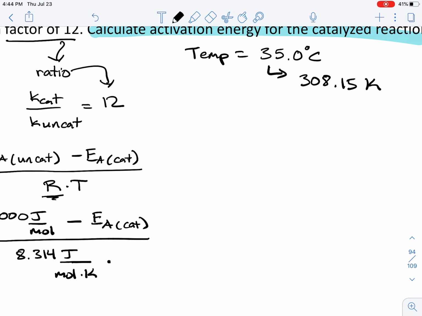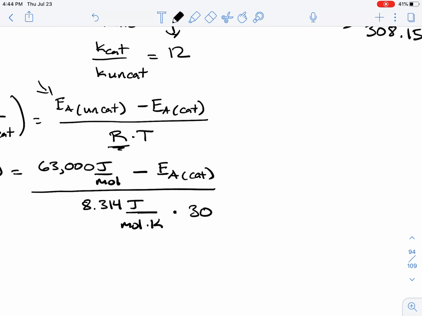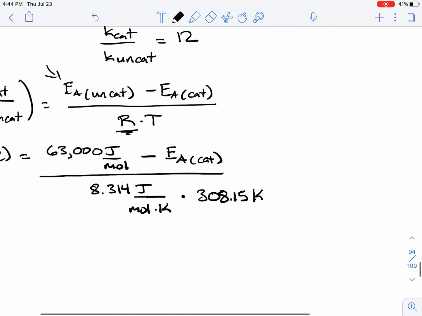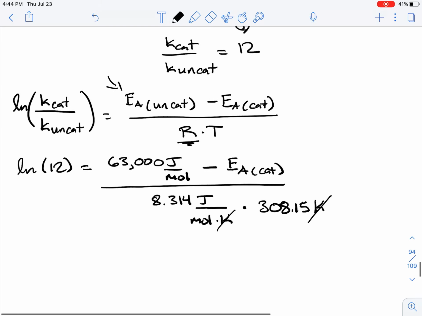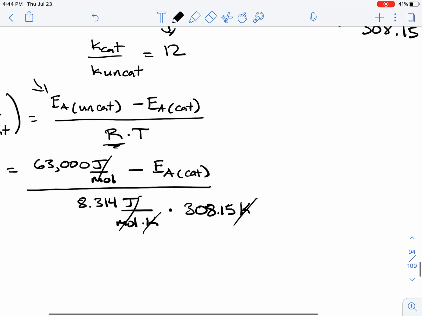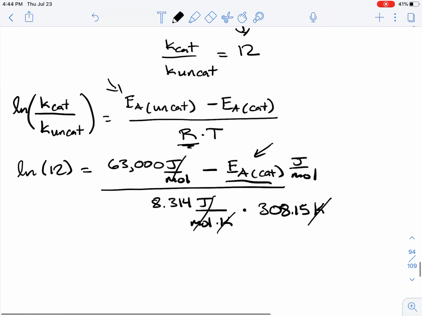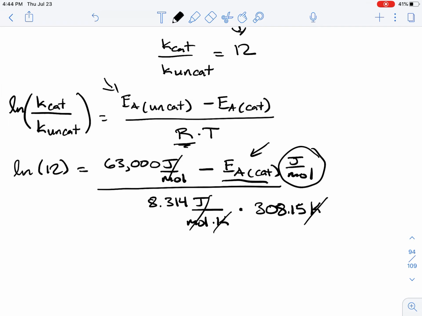And so I'm going to go ahead and plug in 308.15 Kelvin down here, allowing the units of Kelvin to cancel. And so it will also allow joules per mole to cancel. Now remember that the activation energy term also has units, joules per mole. And so the final units, so to speak, is going to be joules per mole.